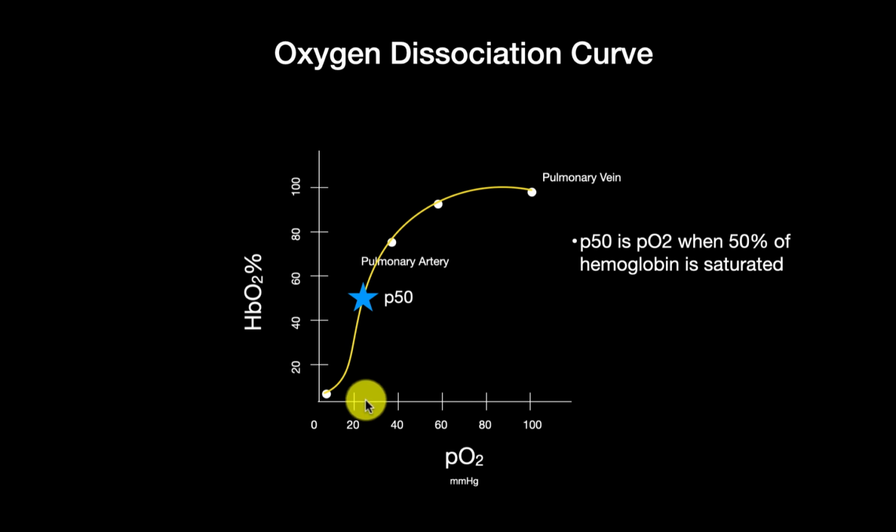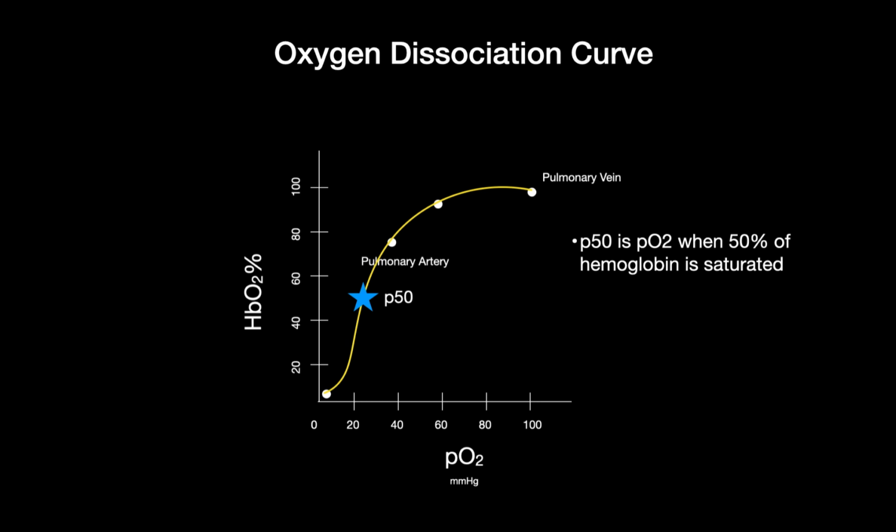It's about 25 to 30. I'll do that again. P50 is the partial pressure of oxygen when 50% of the hemoglobin is saturated. Here is 50% of the hemoglobin is saturated. Over here, I drop straight down, and it's about 25 to 30 millimeters of mercury.